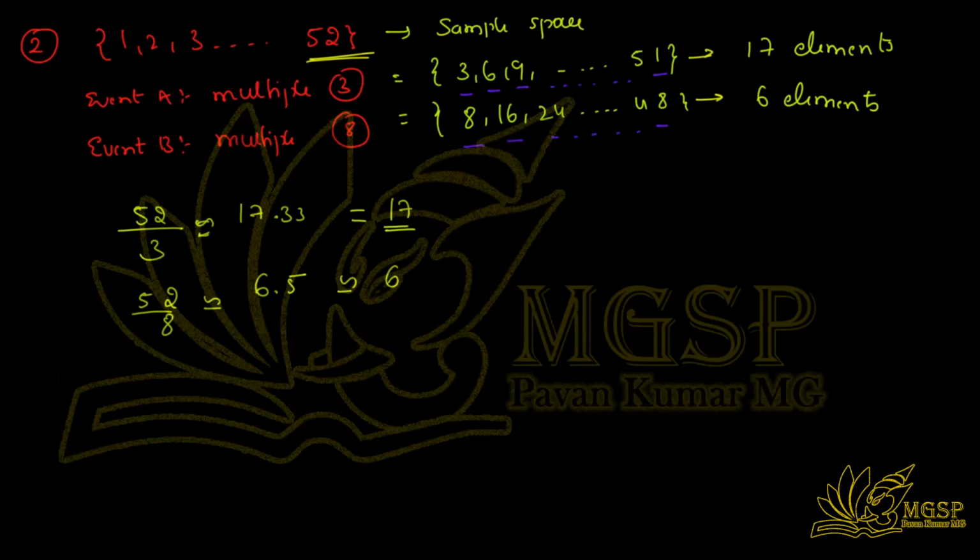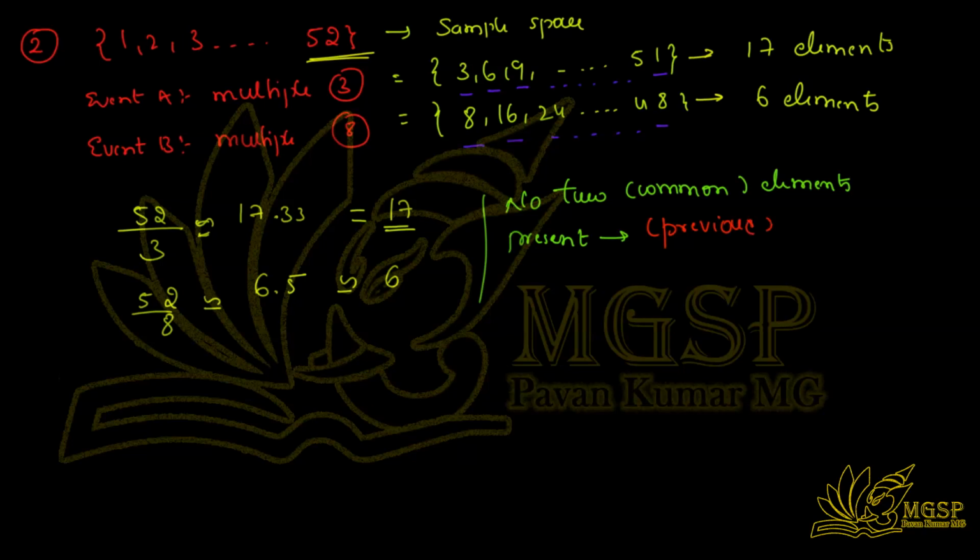Okay. In the first question I told you there were no common ways, meaning no common elements were present. That was the previous problem.